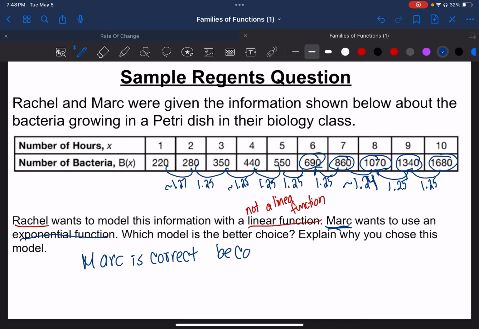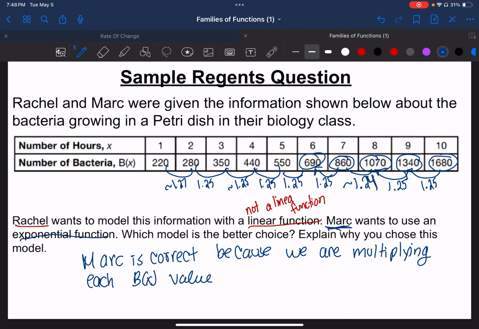Mark is correct because we are multiplying each p of x value by about 1.25 to get the next one.